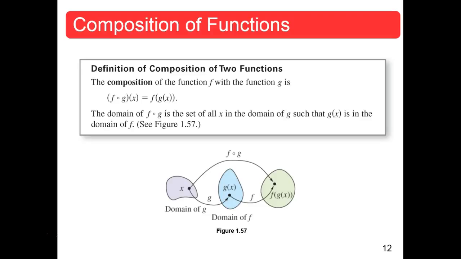Then that becomes the domain for f. So f operates on the answers you got from g, and that gives you f of g of x. Whereas the composition function starts with the x here and goes straight to there. To me, that's not completely enlightening, but now that I understand it, it does make sense.